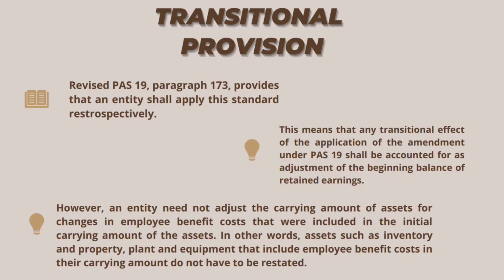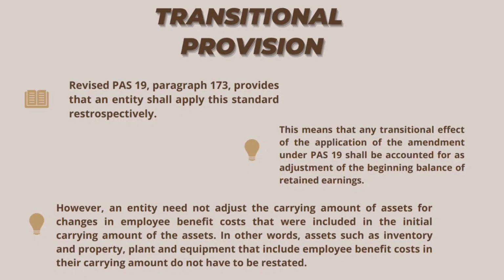However, an entity need not adjust the carrying amount of assets for changes in employee benefit costs that were included in the initial carrying amount of the asset. In other words, assets such as inventory and property, plant, and equipment that include employee benefit costs in their carrying amount do not have to be restated.